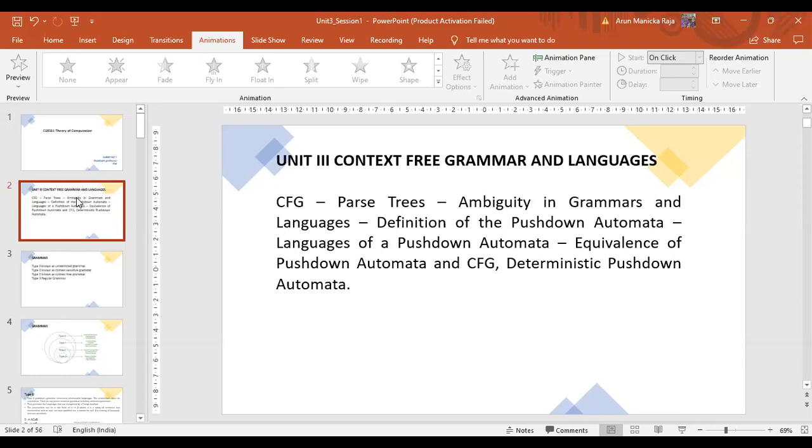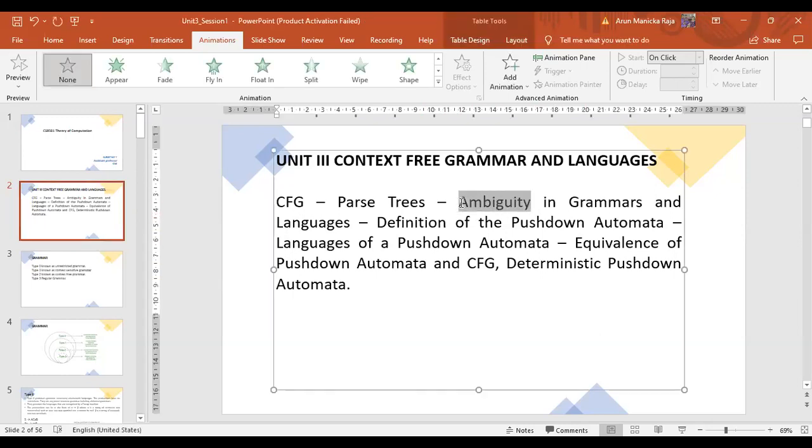The push down automata can only process CFG, which is context free grammar. This is the syllabus of the third unit: CFG, parse tree, ambiguity in grammar. What is ambiguity? Can anyone please tell me the meaning of ambiguity?